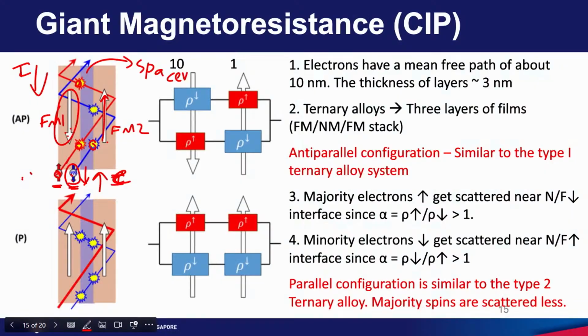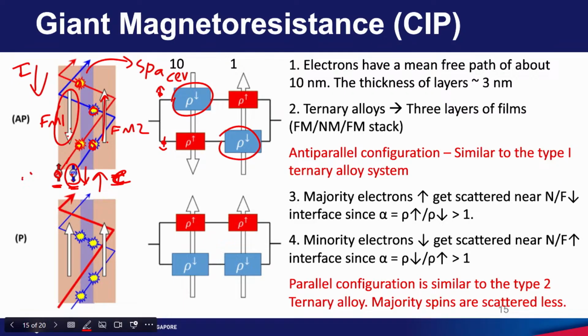They are anti-parallel. So, it is minority here. So, it gets scattered here and here. Okay. So, if you look at spin up channel and spin down channel, you have large resistance in both of these paths. Okay.